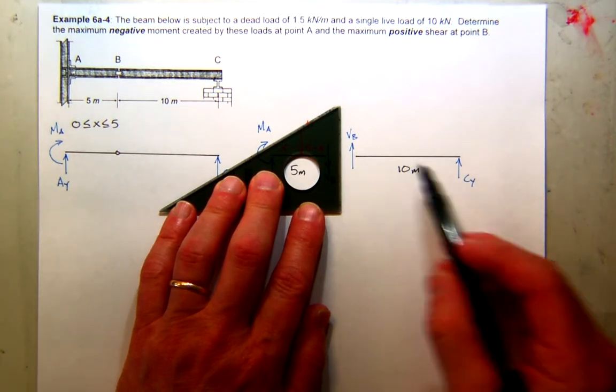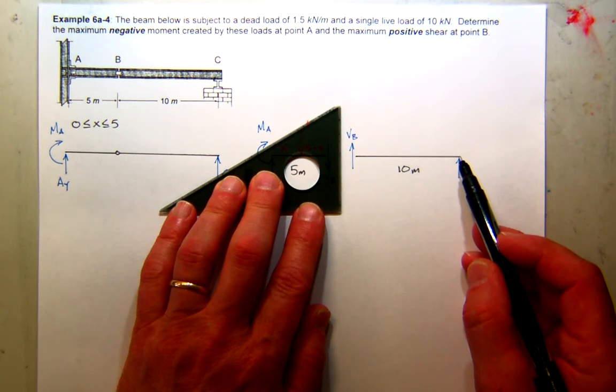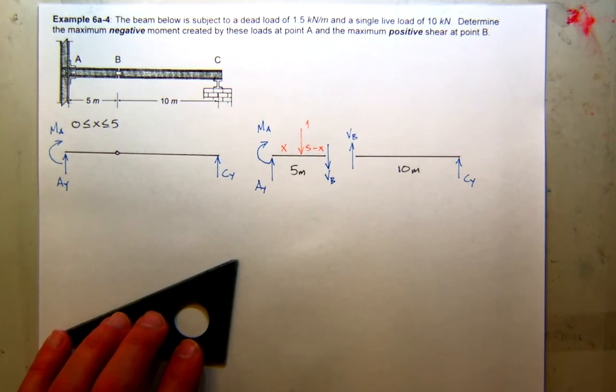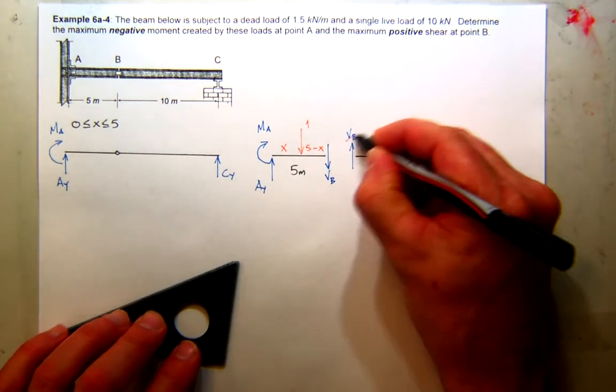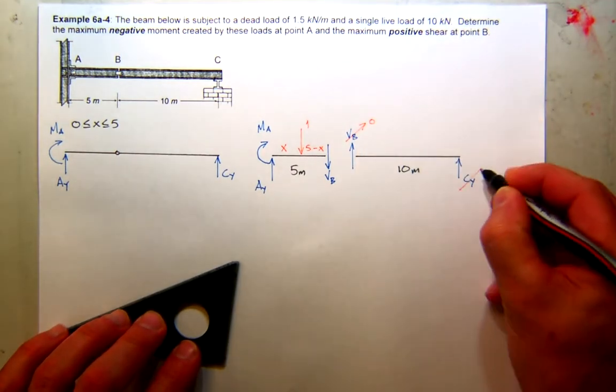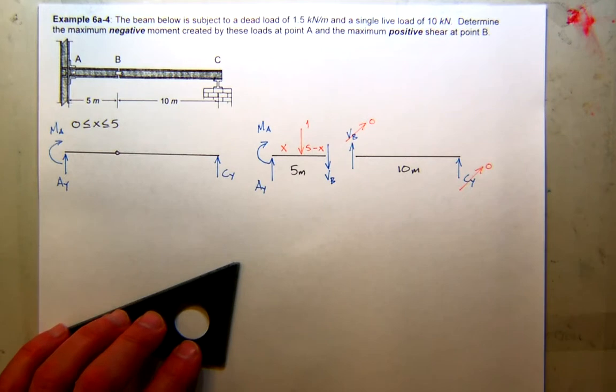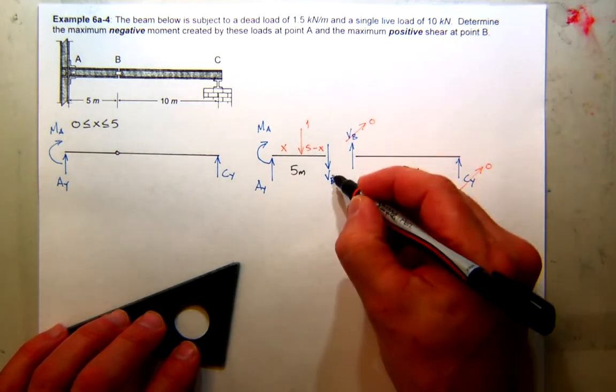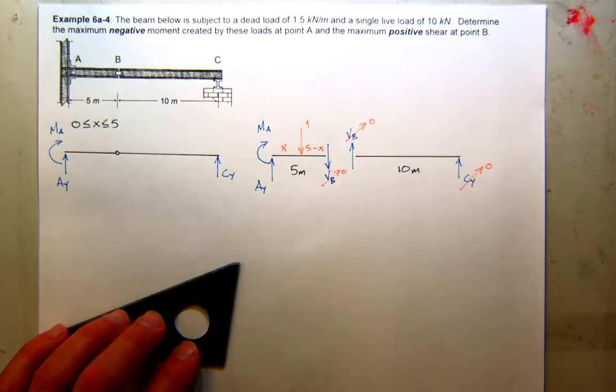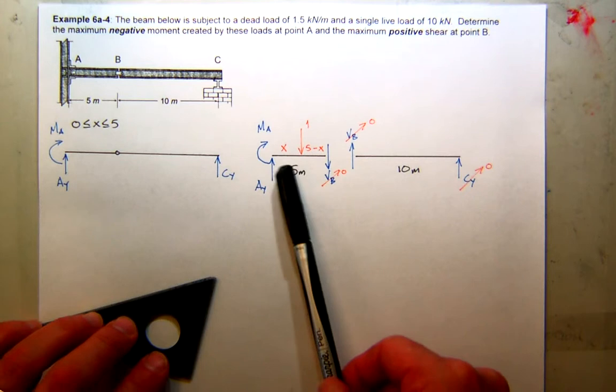If I sum moments about C, what does the reaction at B have to be? 0. So in this particular case, I don't have to worry about it. If it's 0 here, it's 0 there, and now this free body gets a lot easier to solve.